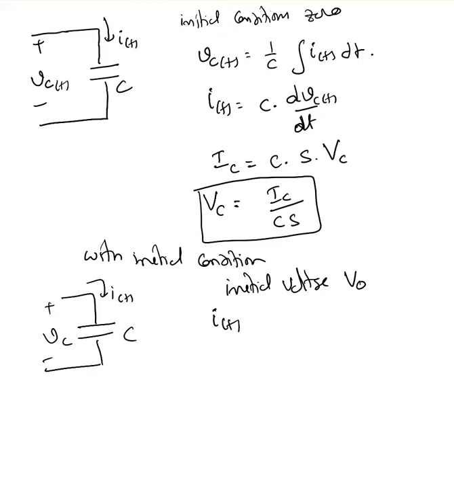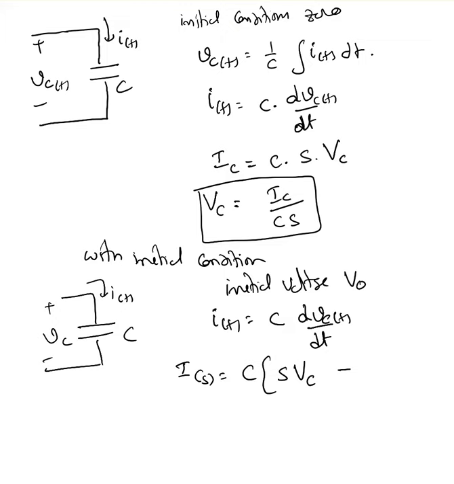So I of t equal to C times dVc by dt, Vc of t, in the time domain. Now when I convert this into S domain, I of s equal to C times (s times V of s minus V naught). V naught is the initial voltage. Once in S domain, we use capital letters.